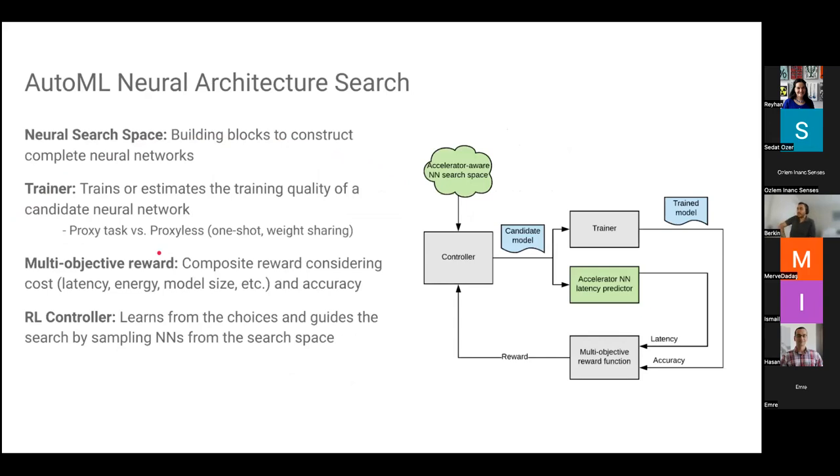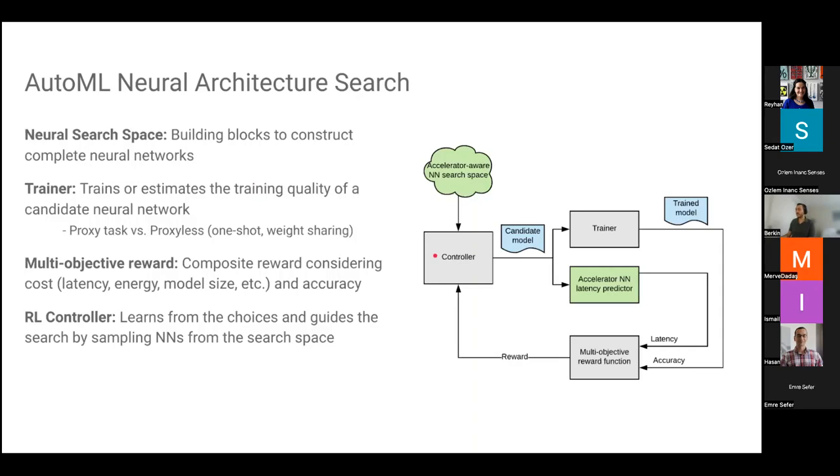AutoML is the term that people use for neural architecture search, right? The idea here is that we are automating the neural network architecture optimization process for a target hardware, right? So this is just a quick overview of the main components, right?